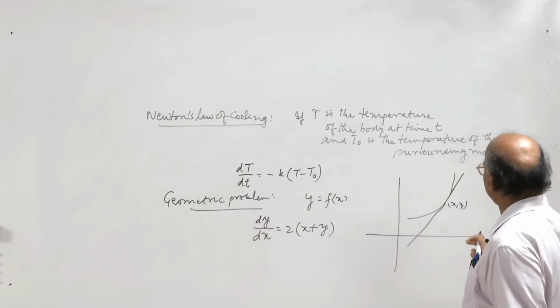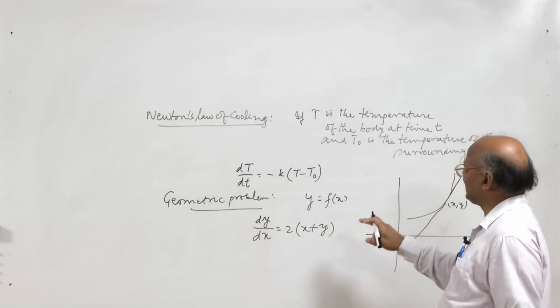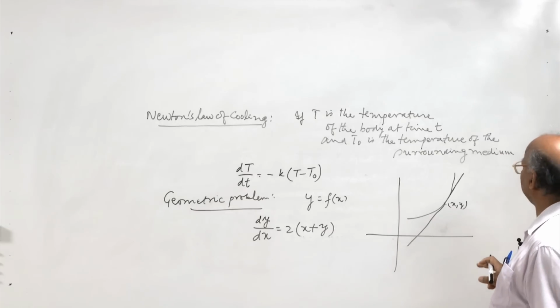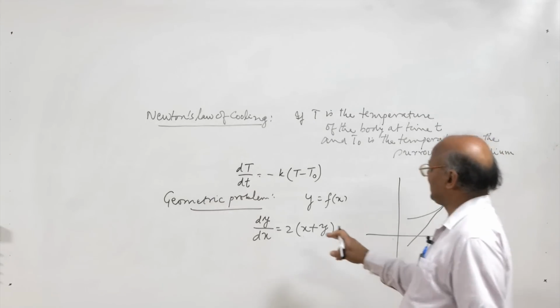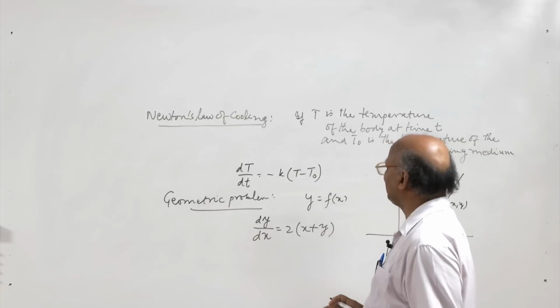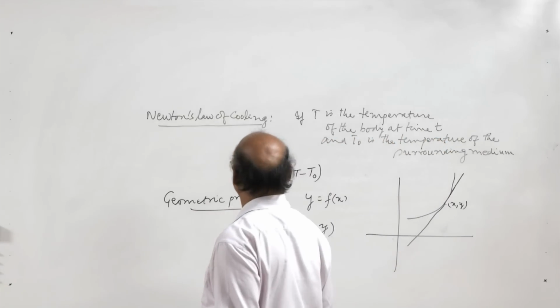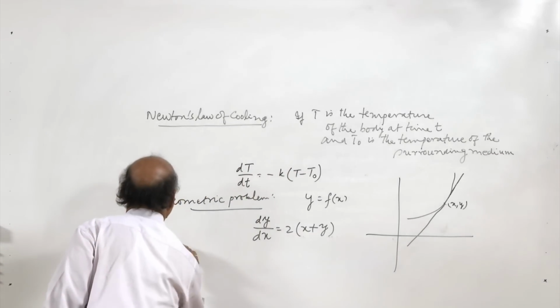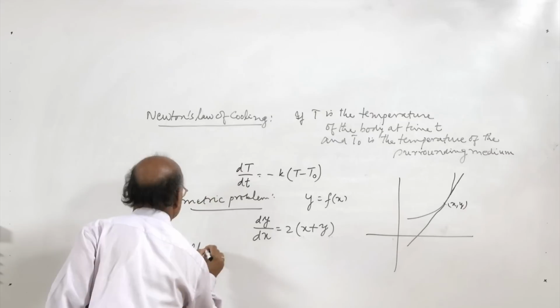The slope of the tangent at the point (x, y) is given by dy/dx, and it equals twice the sum of the coordinates x and y, so we have dy/dx = 2(x + y). So this is again a geometric problem where we get a first order differential equation. Then let us say, another example.